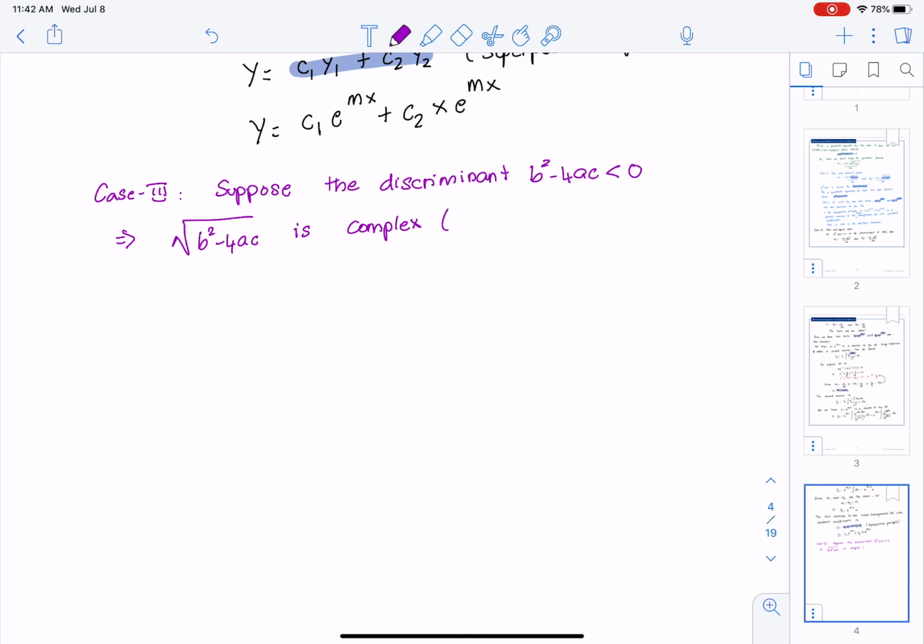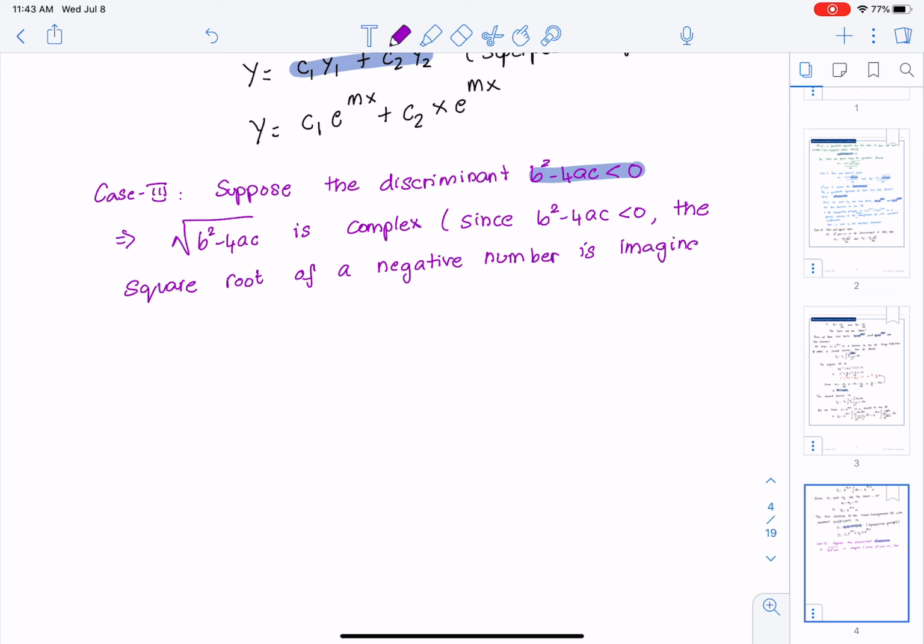If b squared minus 4ac is less than 0, the square root of a negative number is imaginary or complex. That's what complex means.